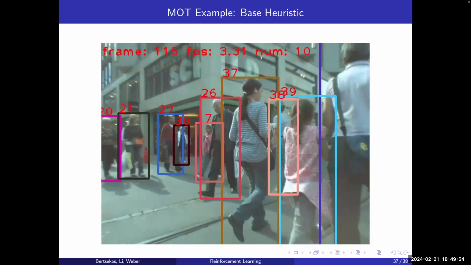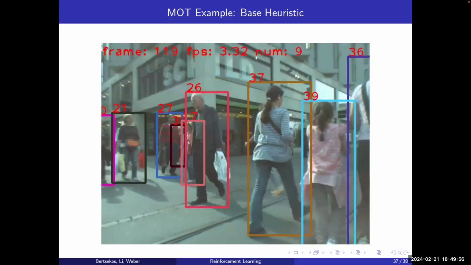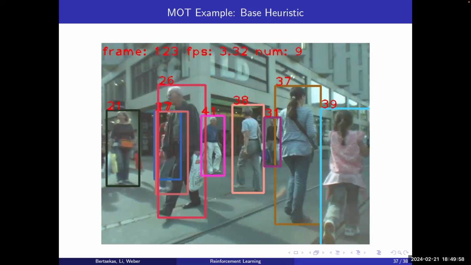And when he re-emerged, he became a new person. The algorithm considers him 41, even though obviously, everyone can see, okay, this is the same guy.